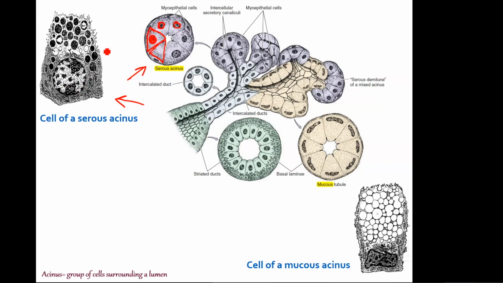And look at it here. This is the centrally rounded nucleus, but you would see here there are granules close to the apex. These zymogen granules have enzymes.